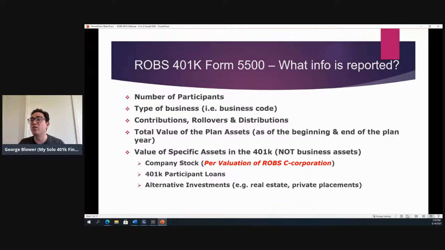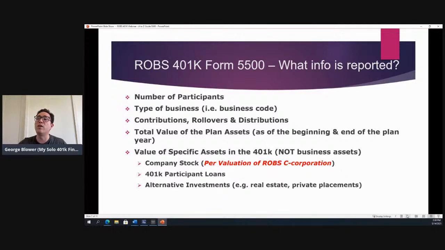There's also space to list the value of specific assets that are in the 401k, like the company stock, which would of course apply if it's a ROBS 401k funded business. 401k participant loans: if you ever took a loan from the 401k, you've got to list the value as of the end of the plan year. And if you have any alternative investments in the 401k.